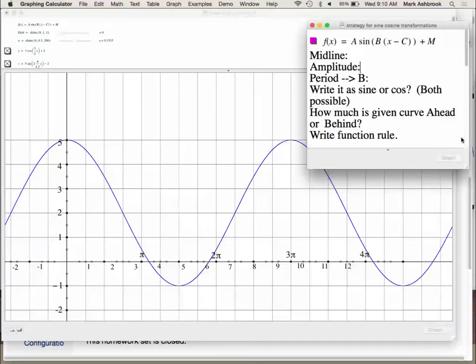So here's the general form. F of x equals A sine of b times x minus c plus m, or it could be cosine.